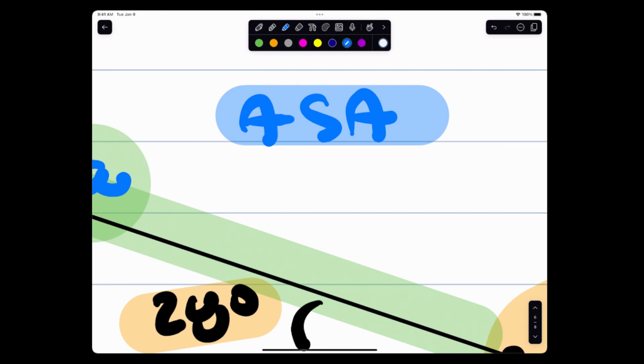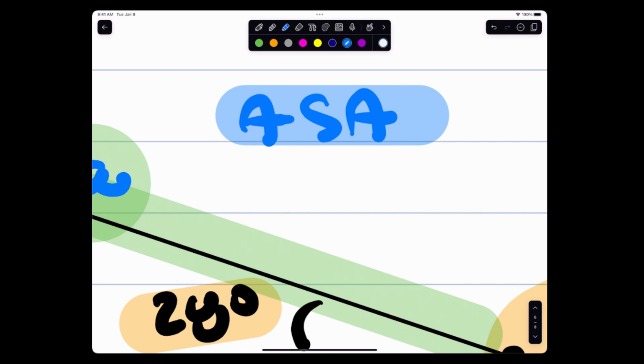Tell me what angle, side, angle means, because you got to identify that. Why do we identify it?